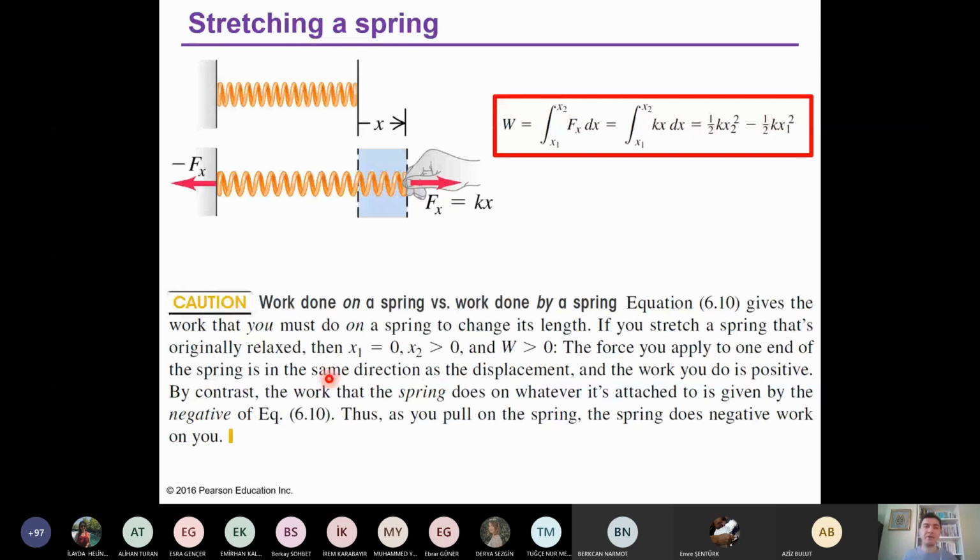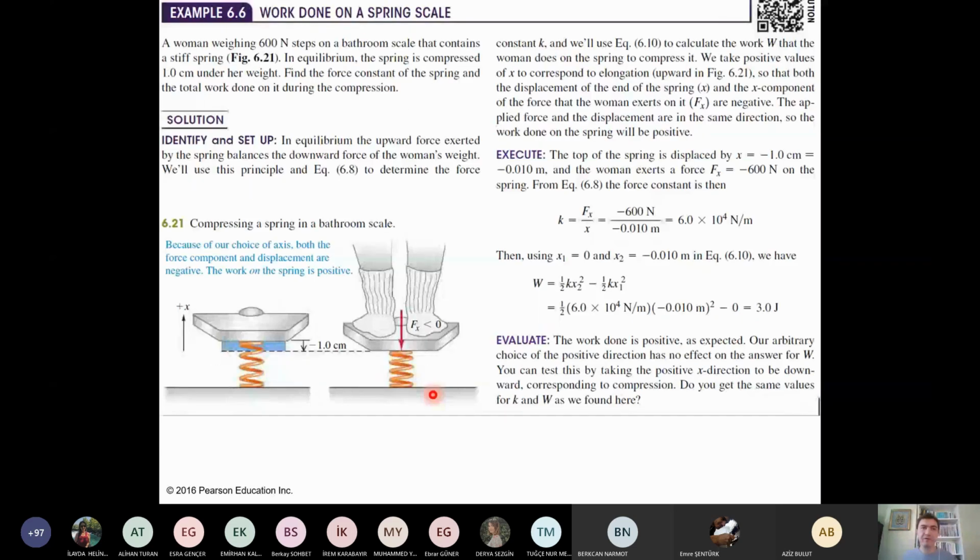Okay, now let me continue with this example from the book, 6.6, work done on a spring scale. Here there is a bathroom scale, and there is a woman on this weighing scale. A woman weighing 600 newtons steps on a bathroom scale that contains a stiff spring. In equilibrium, the spring is compressed 1 centimeter under her weight.